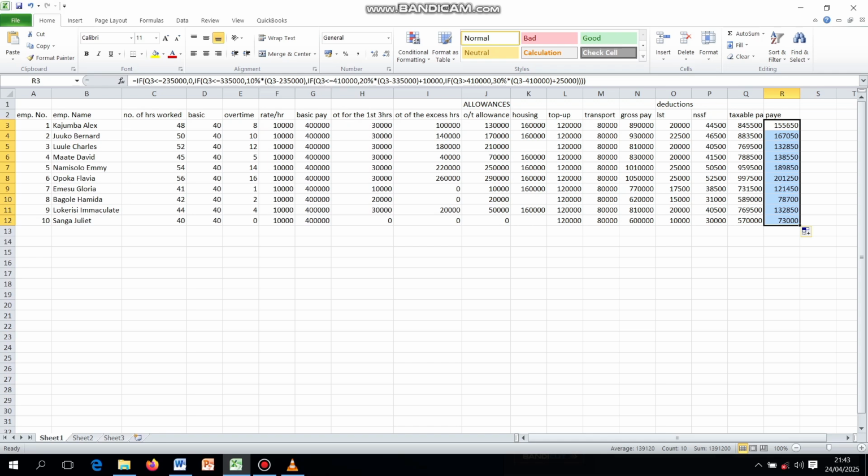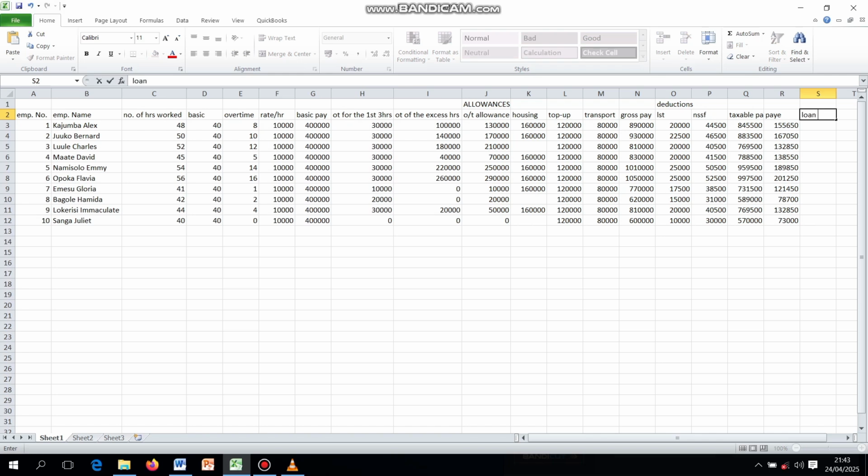So after getting the PAYE, I'm going to come to the next deduction, which is loan repayment. But remember, the loan repayments are not for everyone. So I write to those that were given.